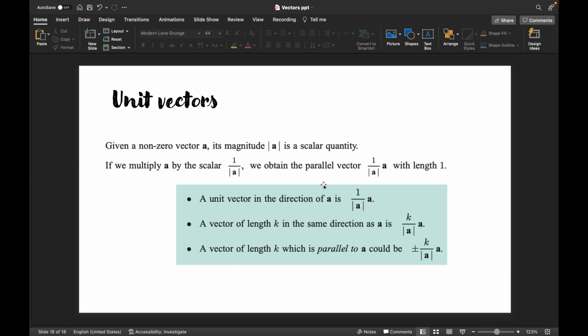Since they are parallel vectors and magnitude doesn't matter, we're trying to indicate the direction of the vector. So a unit vector in the direction of A is 1 divided by the modulus of A multiplied by the vector A. And a vector of length k in the same direction as A is k divided by the magnitude of A multiplied by the vector A.